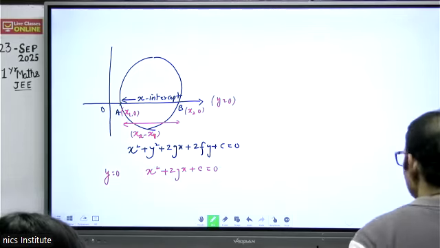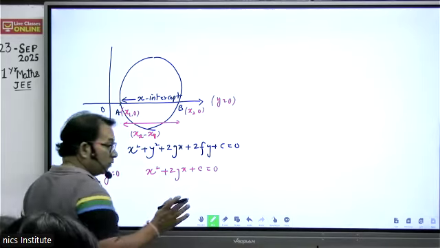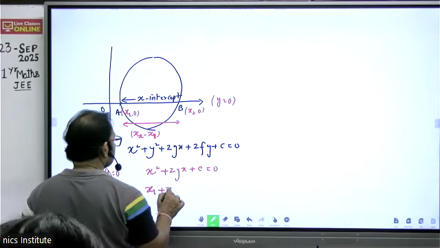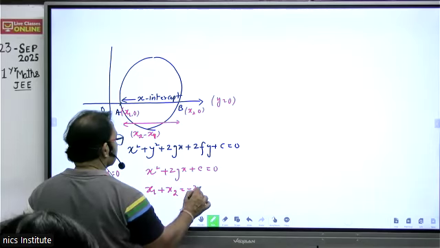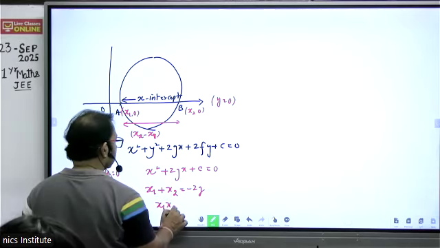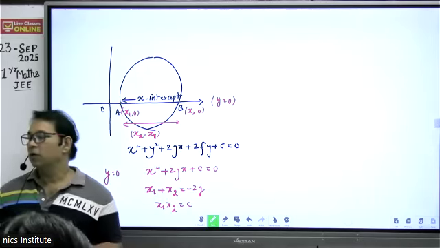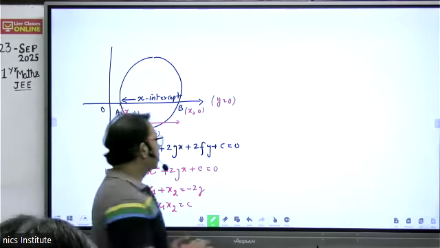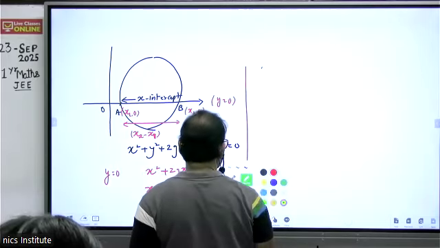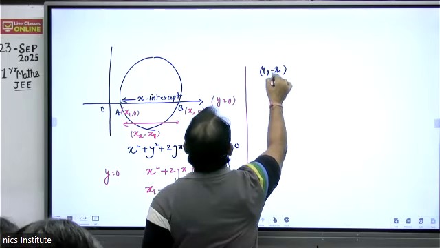उससे बेटर है सम ऑफ रूट्स निकाल लो ना। हाँ, नो, 2g भी नहीं होगा। Sum of roots is minus b by a, and the product of roots is c by a. So you have x1 plus x2, you have x1 x2. Use the identity. कौन सी identity यूज करोगे? x2 minus x1 चाहिए ना मुझे.